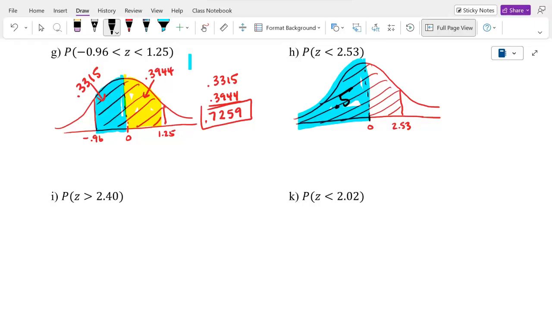So really my table can look up from 0 to this point, 2.5 along the left intersected with 0.03, and I find 0.4943. I need the total though. So I'm going to add 0.4943 and 0.5 together. I get 0.9943. That is the entire shaded area, all of the red.